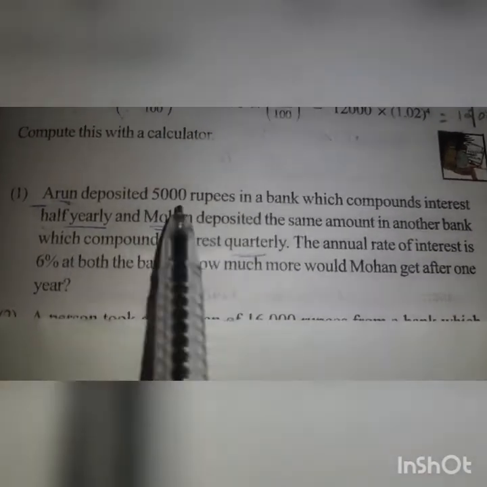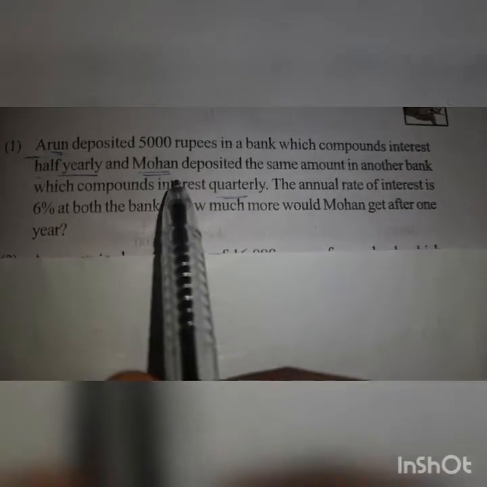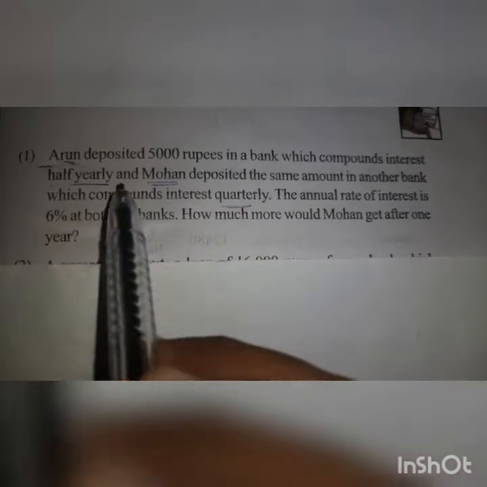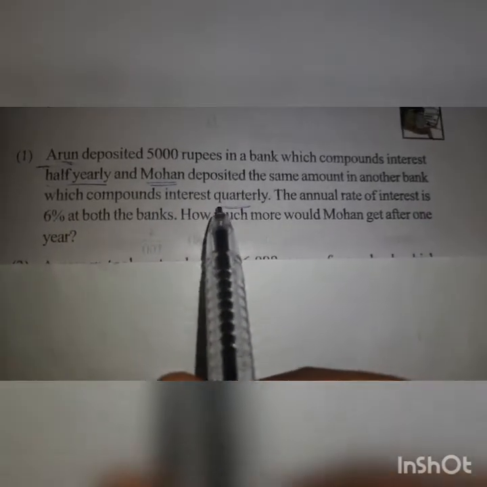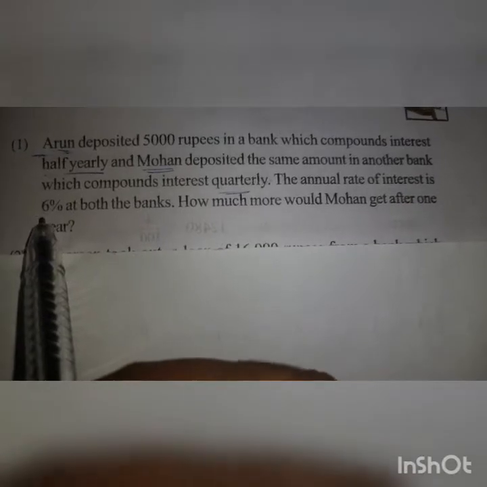So both persons invested the same amount, but the banks give two different types of compound interest. One calculates half yearly, and the other calculates quarterly, and the annual rate is the same for both banks, that is 6%.